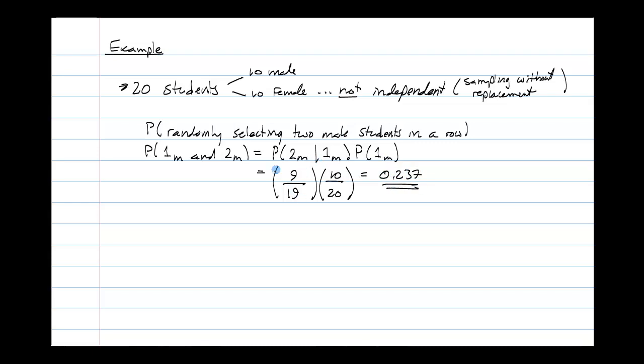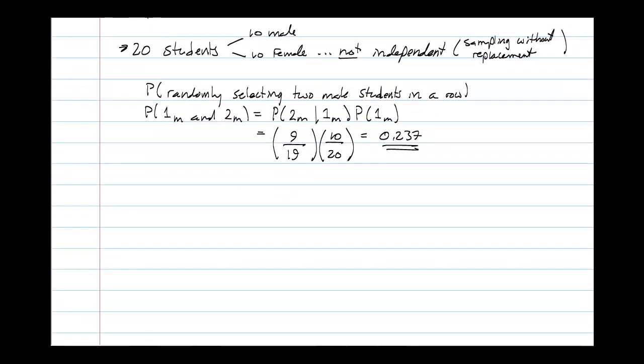So again, we've already figured this probability before, 9 out of 19. This is our conditional probability, and the probability that the first was male was 10 out of 20. So the probability that 2 randomly selected students in a row are male is about 24%. So that would be an example of how we can use this idea of events that are not independent and applying that multiplication rule that we just learned.